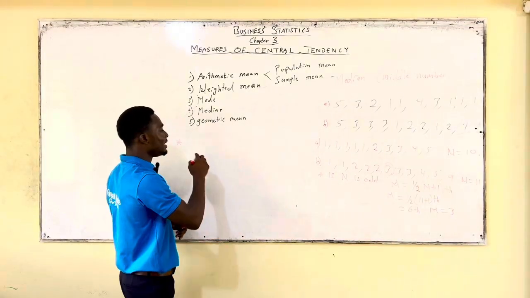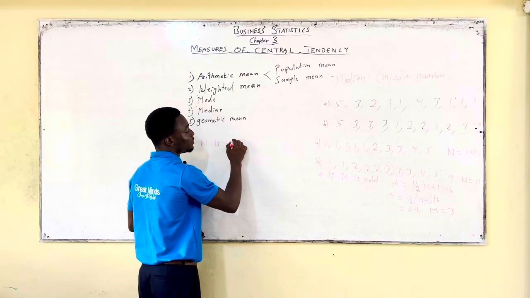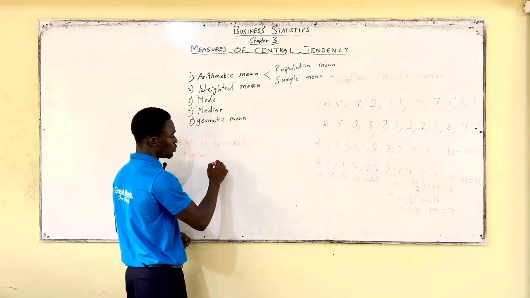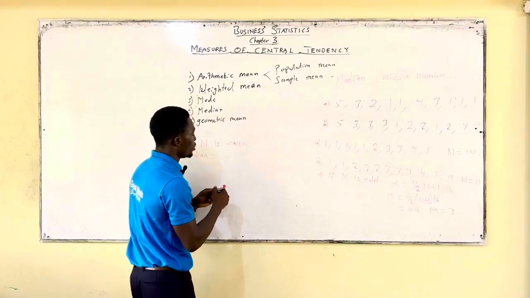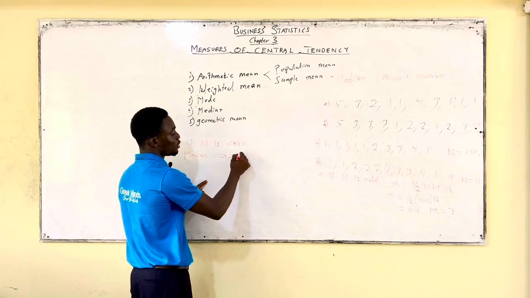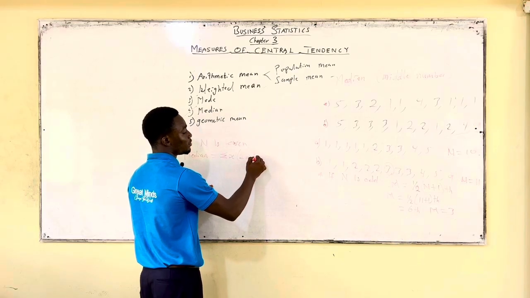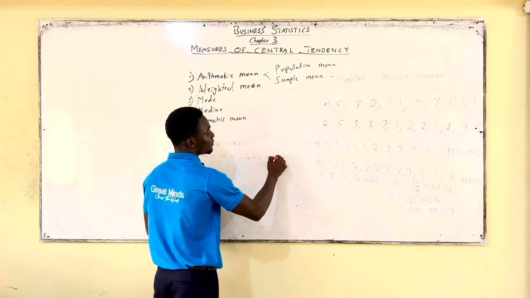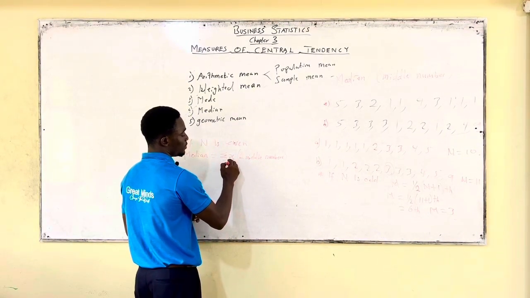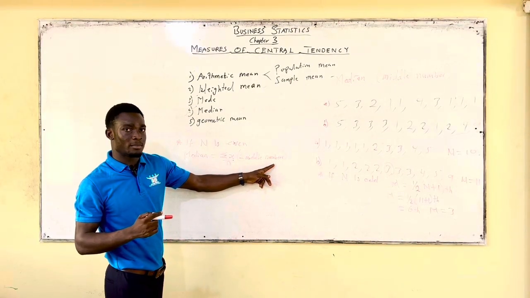That means if n is even, the median is equal to the mean, that is sigma x, of the two middle numbers. The mean of the two middle numbers.